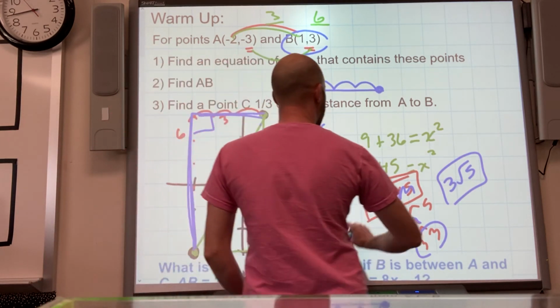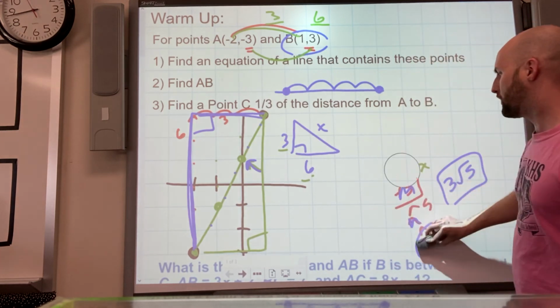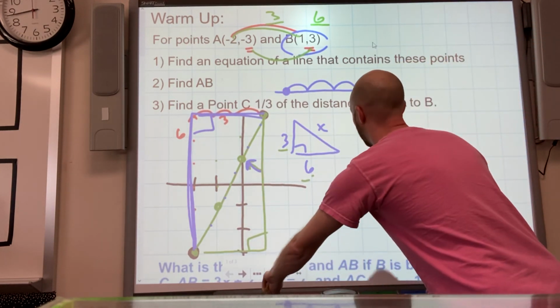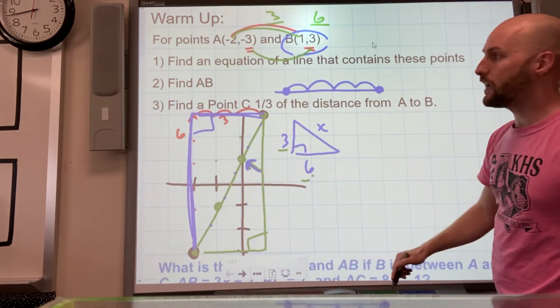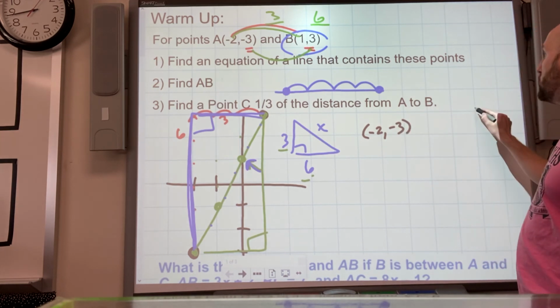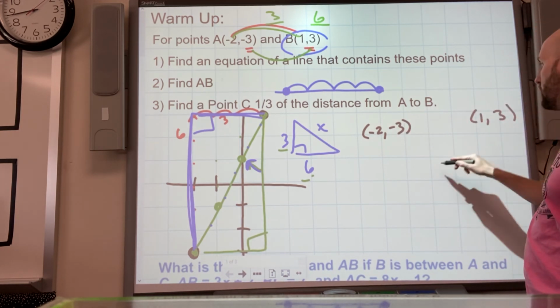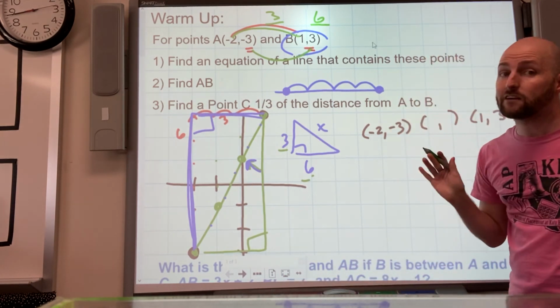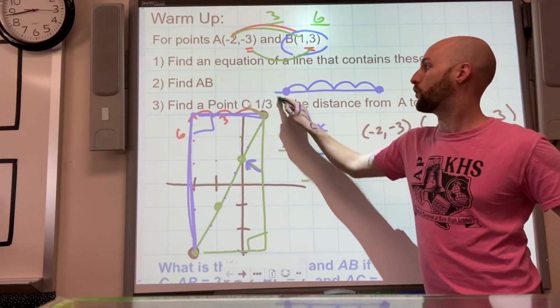All right, so the last one is asking me to find a point that is 1/3 of the distance from those points. This is going to come up a bit today also. So if I'm at -2, -3, and eventually I get to 1, 3, I'm looking for some point that's in between. It's not dead center in the middle, because we're only going 1/3 of the distance.